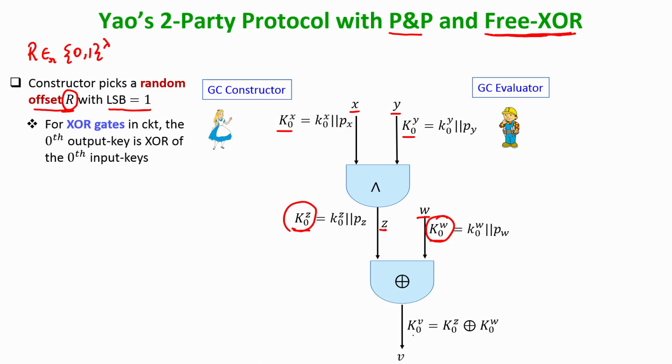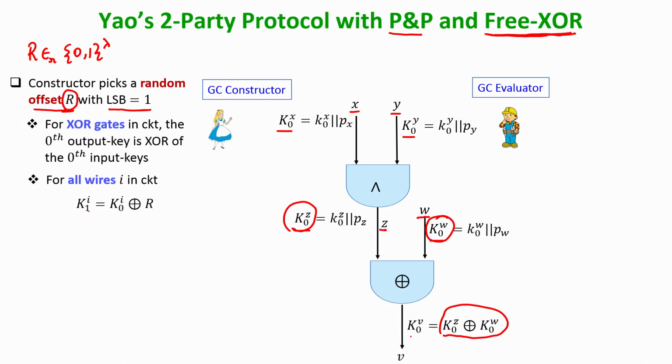And in the free XOR technique, the 0 key associated with the output of this XOR gate, which is the V wire, is set to be the XOR of the 0 key assigned to the Z wire and the 0 key assigned to the W wire. That is how all the 0 keys are assigned. Okay. So, just for the XOR gates, there is a special provision that the 0 key is set to be the XOR of the 0 keys of the input, otherwise all the other 0 keys are picked uniformly at random.